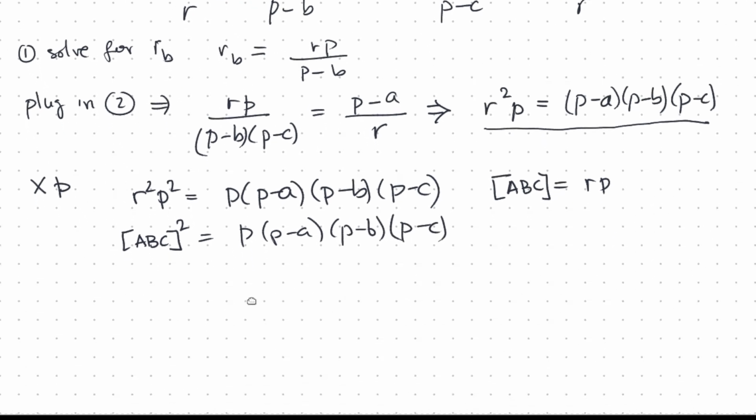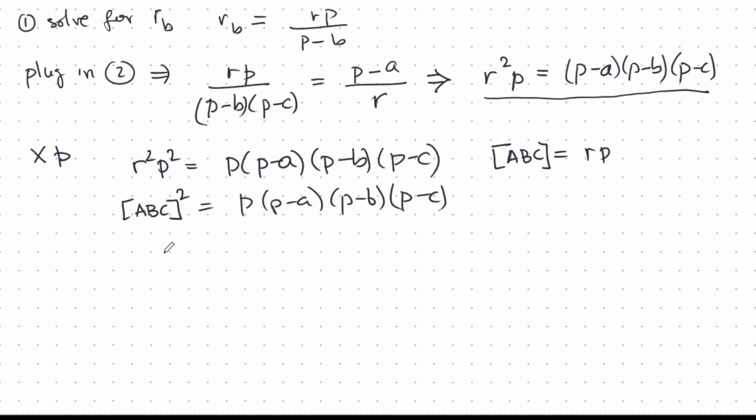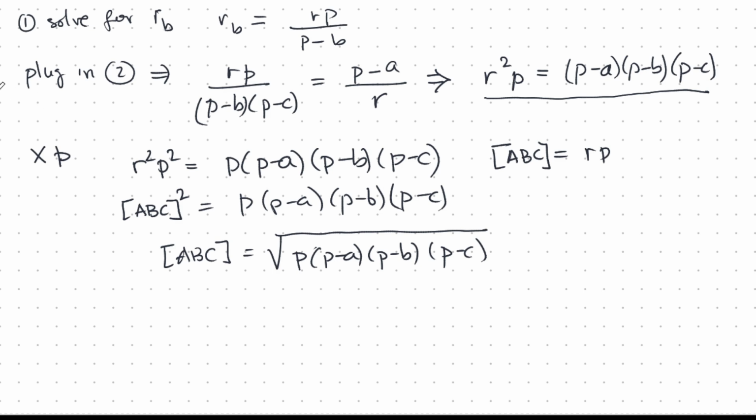It's a really fun formula. Okay, one more time. ABC is the square root of all of this: P minus A, P minus B, finally P minus C, big square root, and there we have it. Heron's formula proved by geometry with just a little bit of algebra at the end. It's very, very beautiful, this proof.